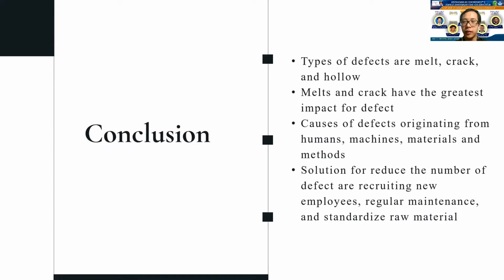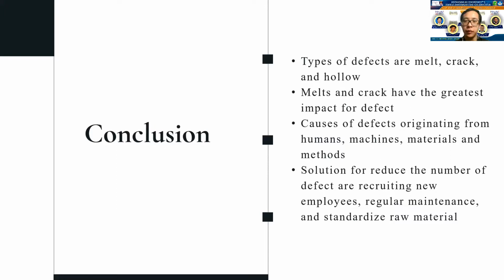The causes of defects are humans, machines, materials, and methods. So we need improvement in these four aspects to reduce the number of defects.